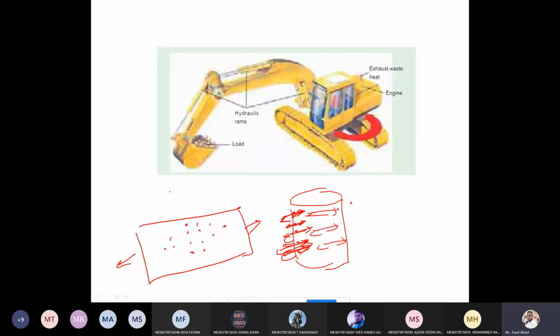But the topic today we are discussing is eccentric loading. It means, in this situation, the load is applied here, but the rivet system is installed here.